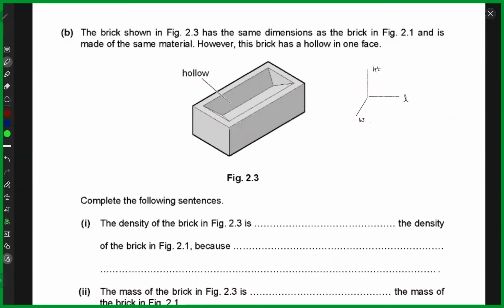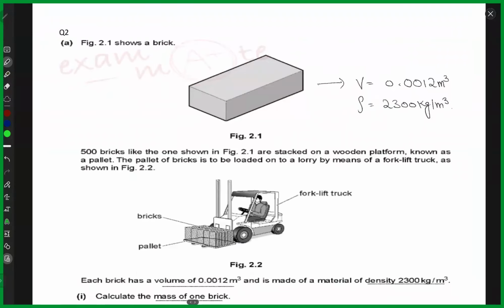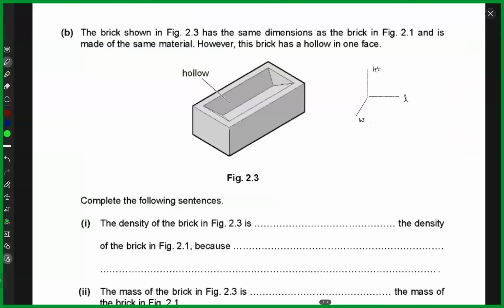So all of these dimensions are exactly the same as the previous brick, except for the fact that now it is hollow in one face. On top of it, it's hollow like this. So it's kind of inside hollow. And it's made of the same material as well. If it's made of the same material, that means that the density would be the same.